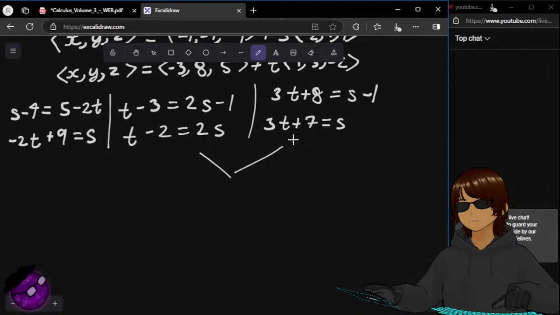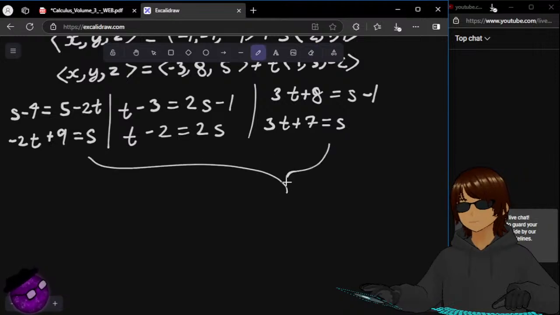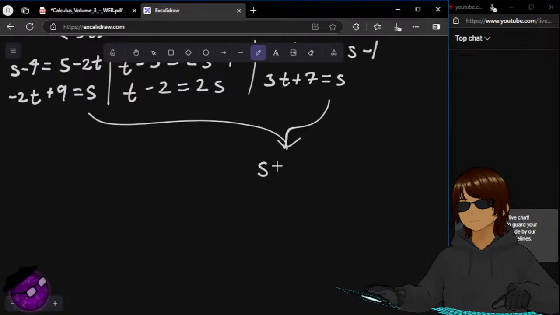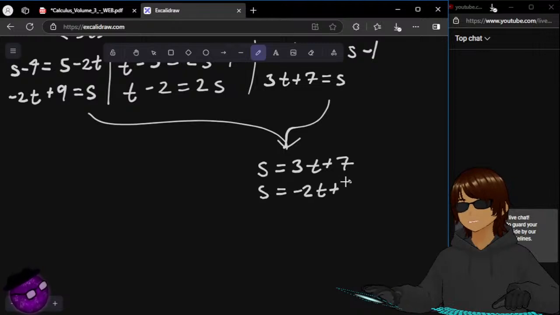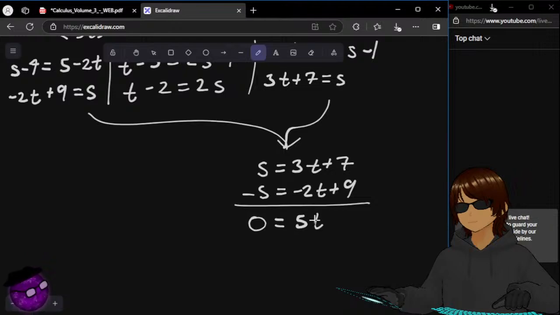Let's subtract these two. So 3t plus 7 equals minus 2t plus 9. 0 is equal to 3 minus minus 2, so 5t, then 7 minus 9 is minus 2, right?